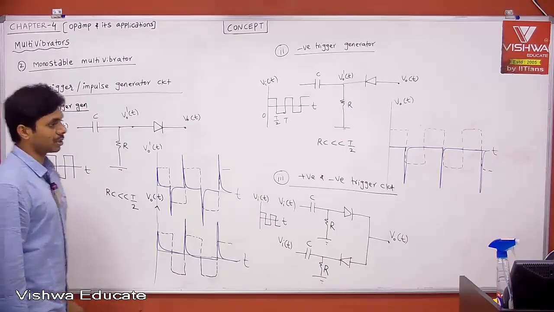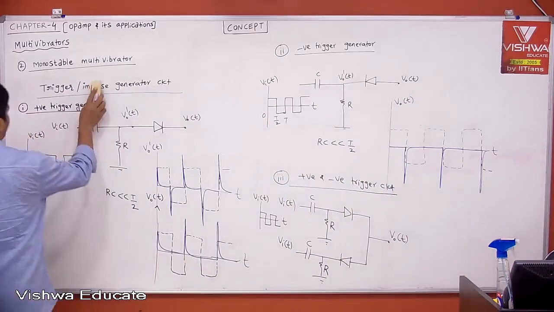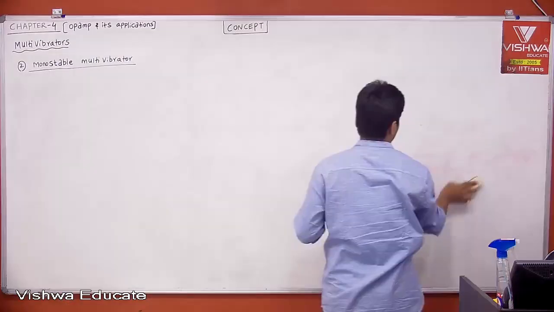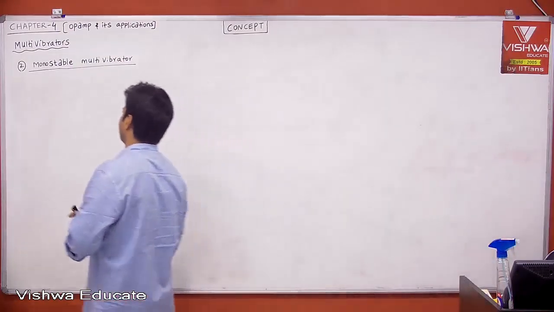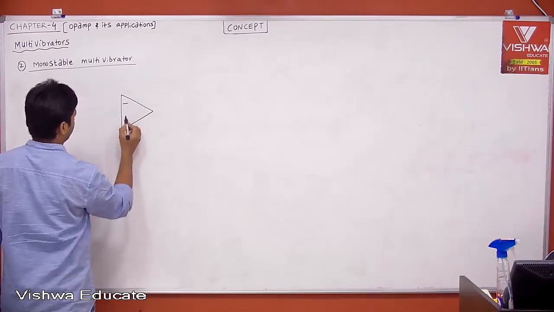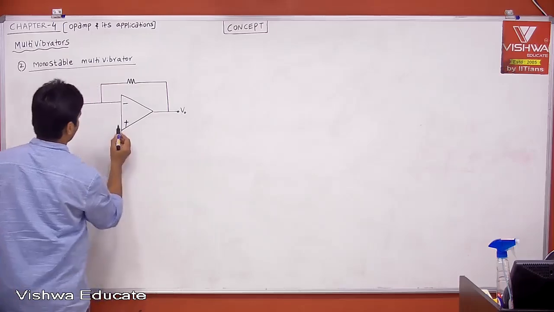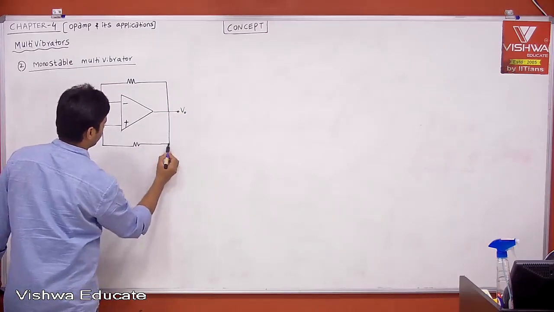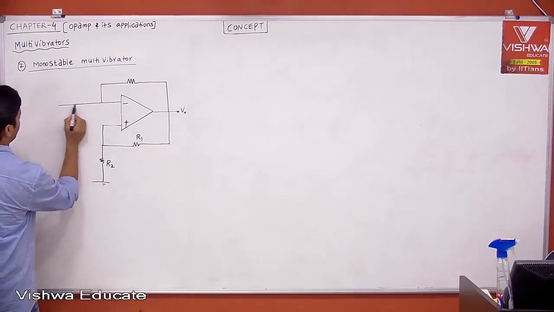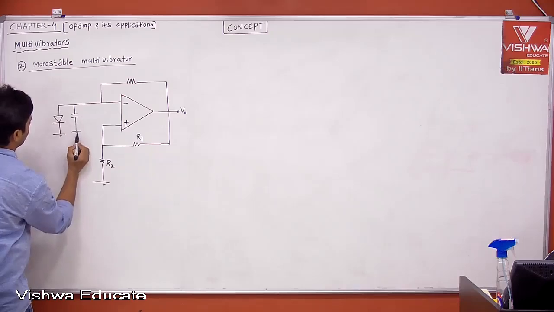Case 2, monostable multivibrator. Let's see the circuit and how it is different from the astable multivibrator. Just a diode is added.